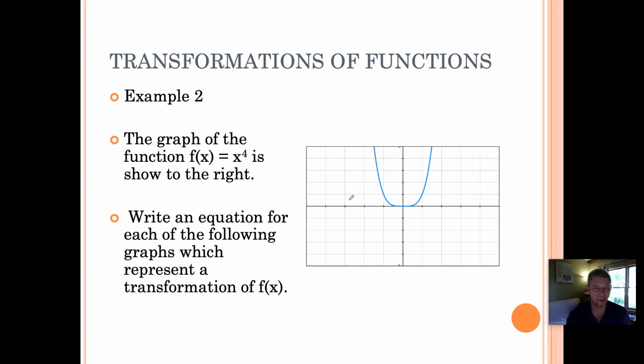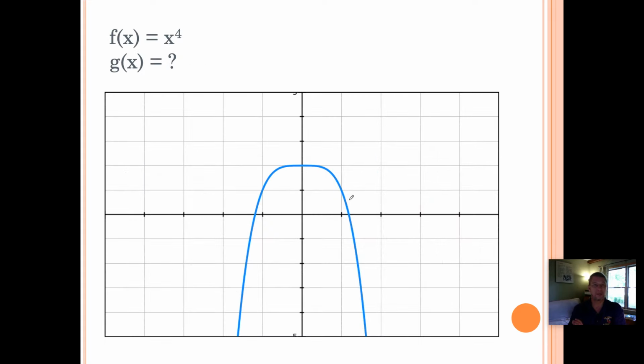We're going to try to get you into this a little bit. So in this picture, I've got x to the 4th power as f of x. And I want to know, what did I do to this graph in order to get it to be in this position?